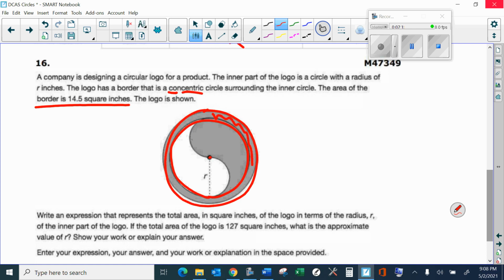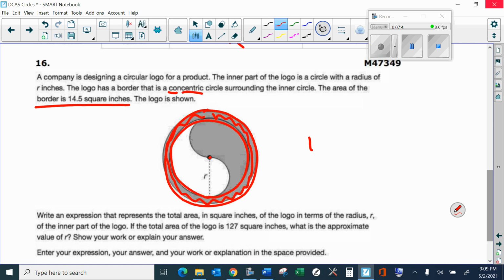This area, just the border, is 14.5 square inches. The logo is shown. Write an expression that represents the total area in square inches of the logo in terms of the radius r of the inner part of the logo. If the total area of the logo is 127 square inches, what's the approximate value of r?